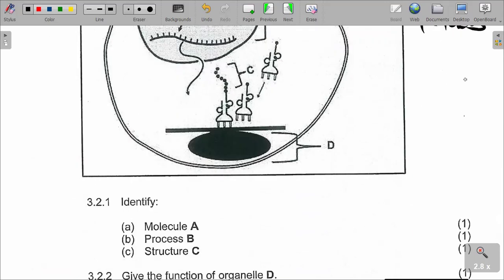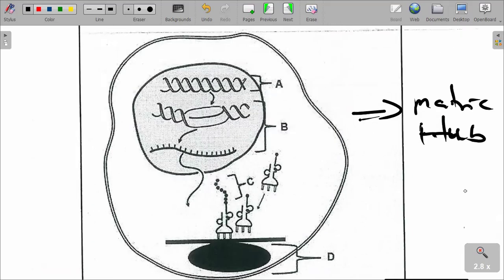The question says: identify molecule A. The molecule A that we are seeing there is the DNA double helix.